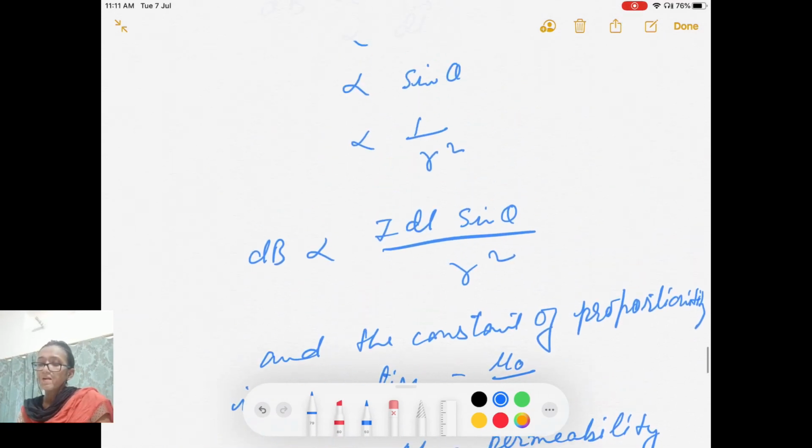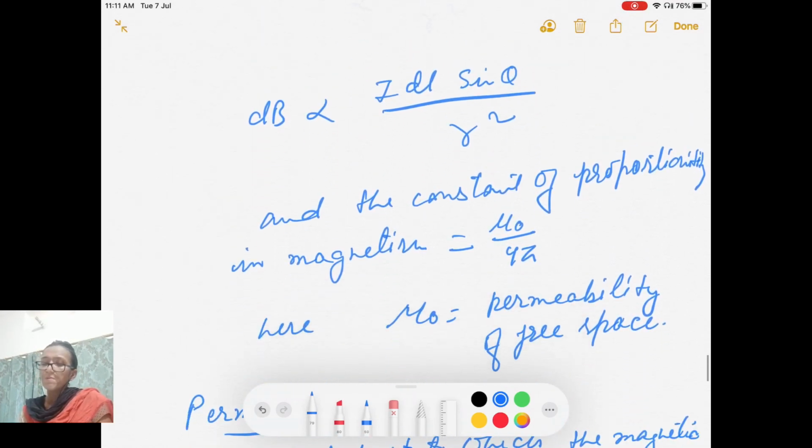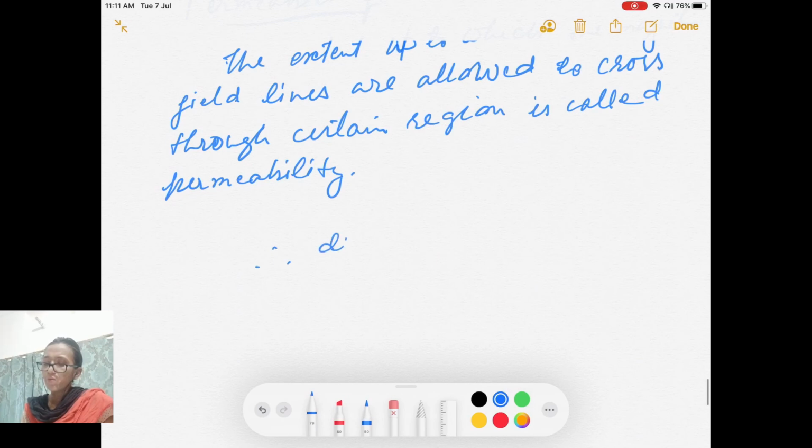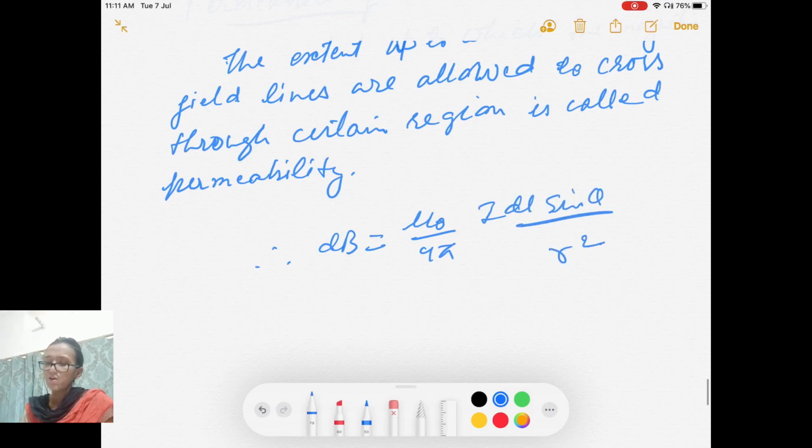Okay, so this constant will be assigned for this proportionality. Therefore, dB comes equal to mu naught upon 4 pi I dl sine theta upon r square. So this is your scalar form.